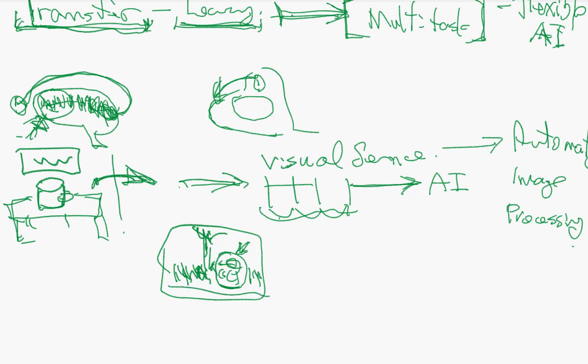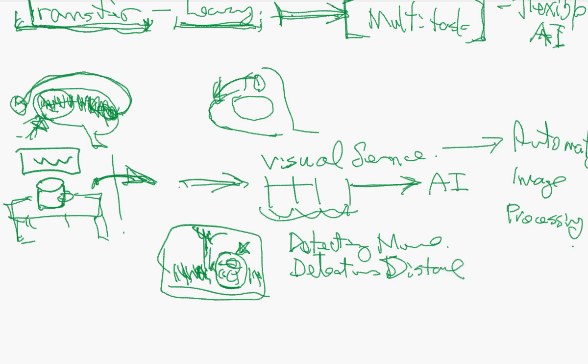Okay? So detecting movement and detecting distance and detecting the surface condition, like whether it's a smooth object or not.